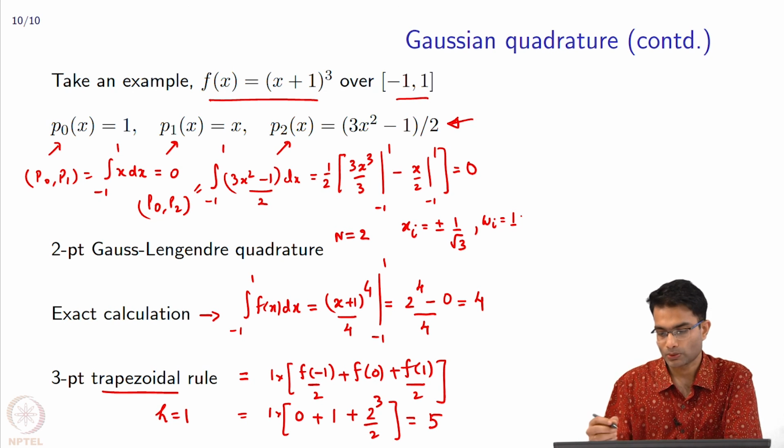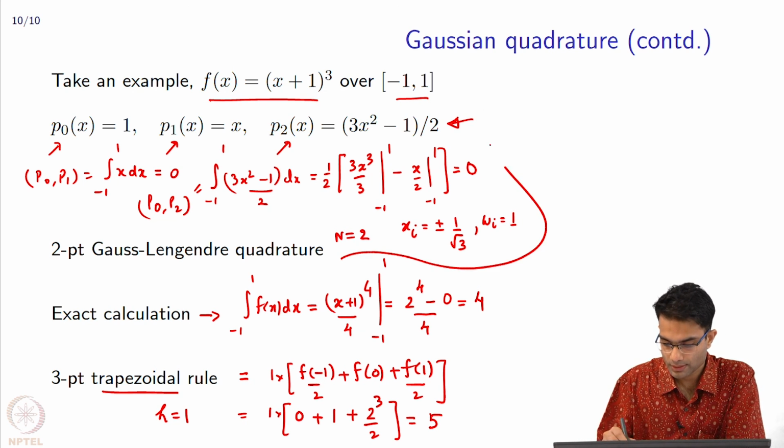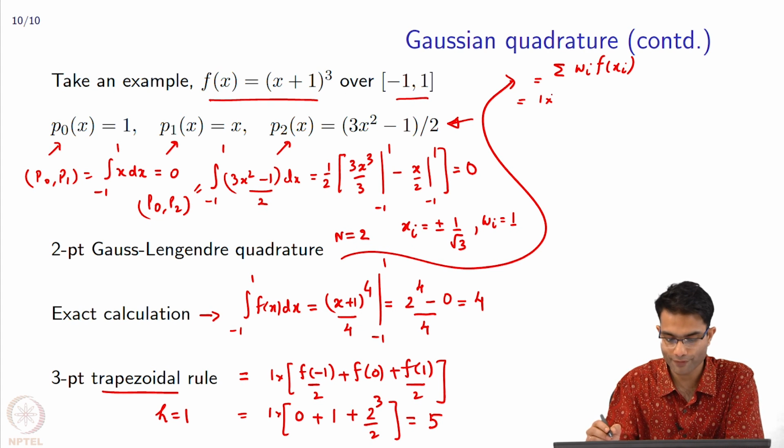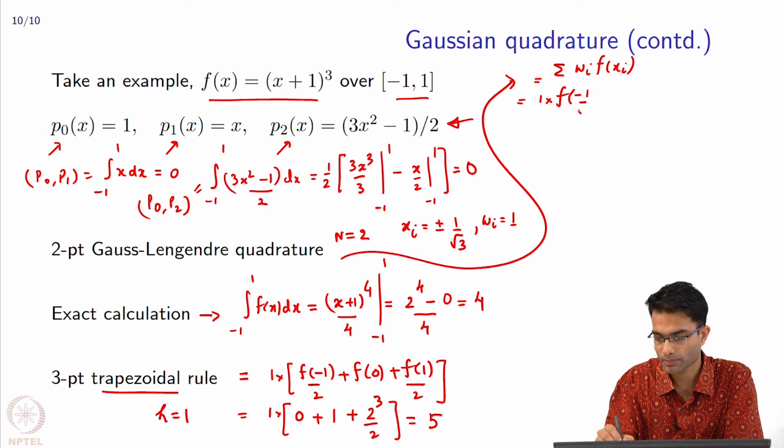Let us evaluate this. It is going to be the sum of wi f of xi, that is my general formula. So, it is going to be 1 into f at minus 1 by root 3 plus 1 into f at 1 by root 3.